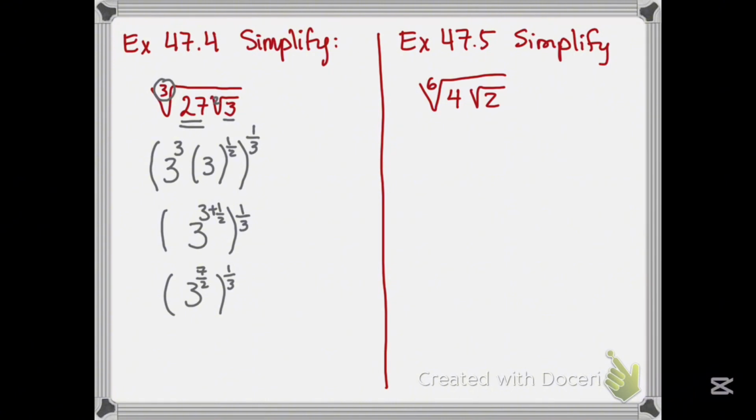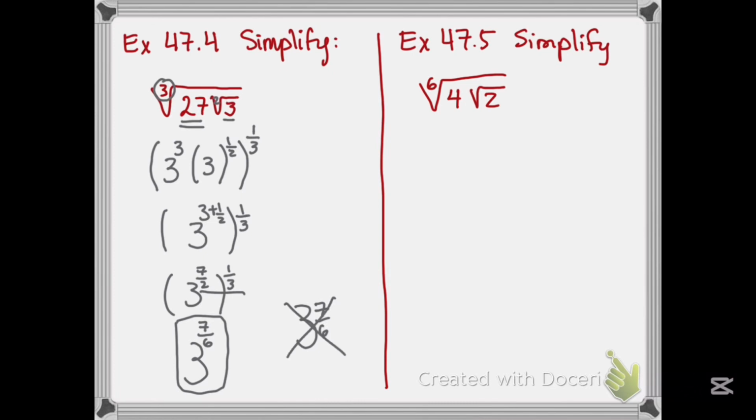And 7/2 times 1/3 is 7/6. Now notice how I put here the base very big and the exponent very small and on the top. You have to do it that way. If you put it like this, then it's hard to see if that is a mixed number or if that is an exponent. So be very careful on how you write this.